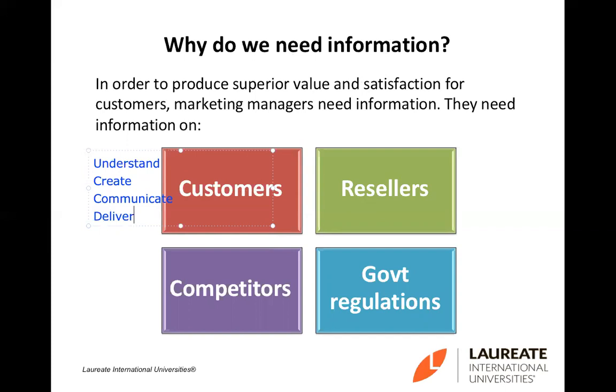We try to understand the customers, the competitors, resellers or marketing intermediaries, and some other relevant issues such as government regulations or other macro environmental forces. That is basically the information that we need, because it is related to the process that we need to go through in marketing.